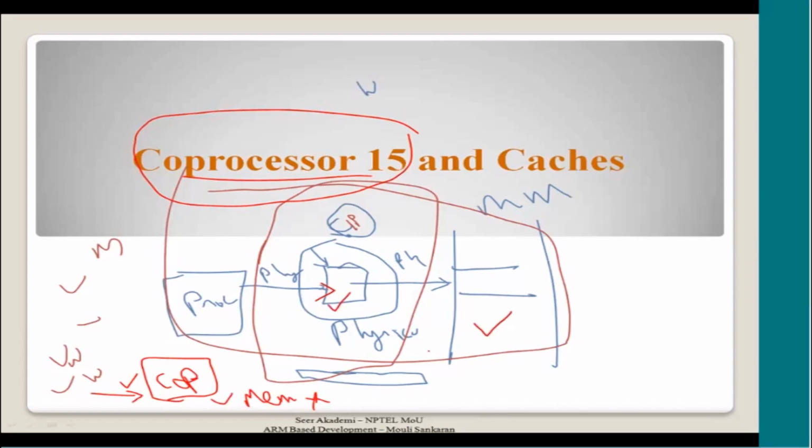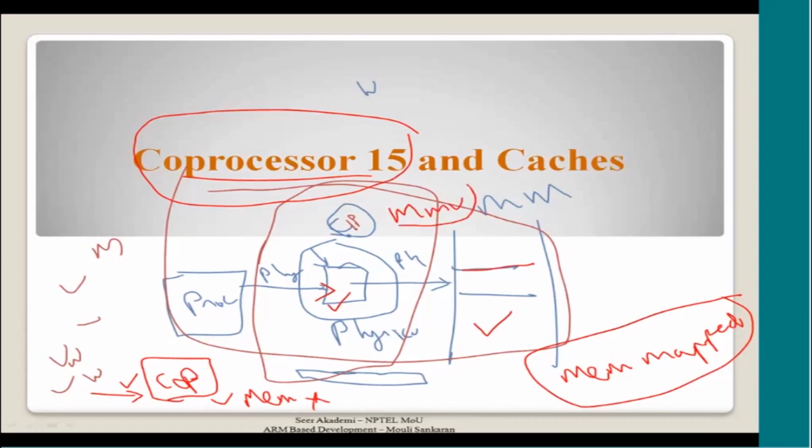And when we are configuring a cache, if the configuration registers were also memory mapped, similar to peripherals, then we would be in trouble, because we could not configure the memory or the cache or the MMU. The MMU also needs to be configured. So whenever you want to configure any of them, they can't be in the memory map. That means they can't be in the 2 power 32 locations that can be addressed by the ARM processor.